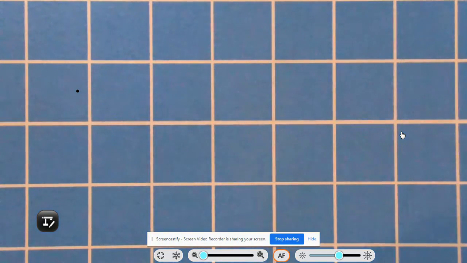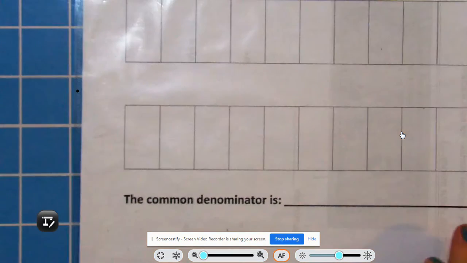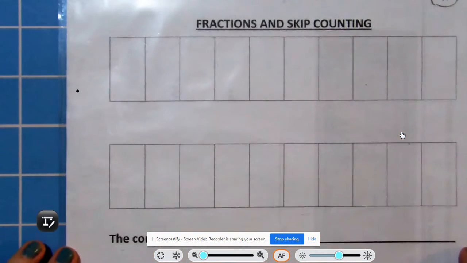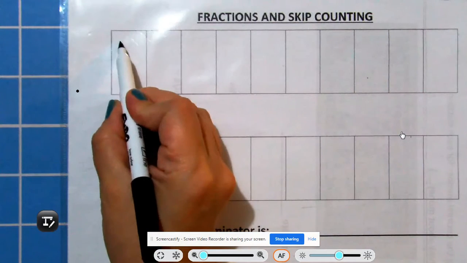All right, you guys have dry erase sleeve number 11. We're going to practice finding some equivalent fractions. All right, let's say we have 2/3.